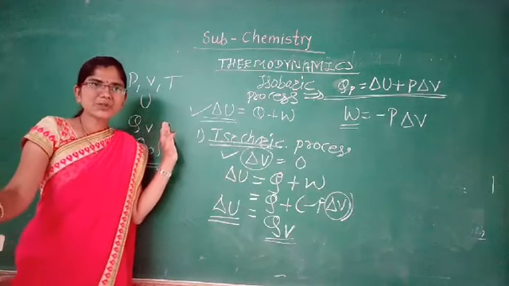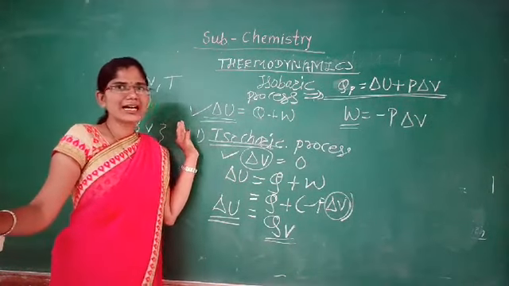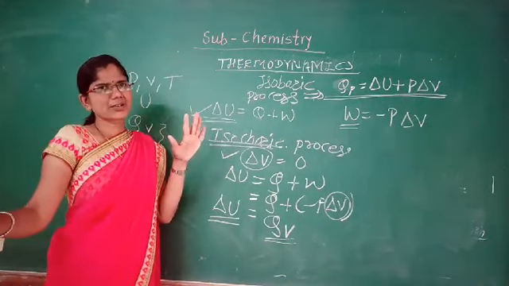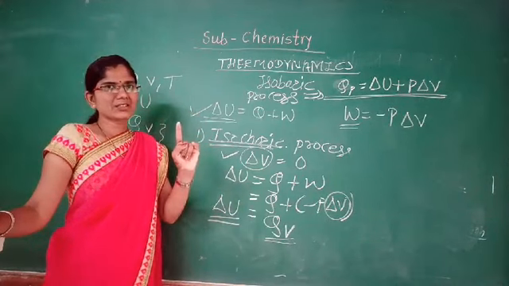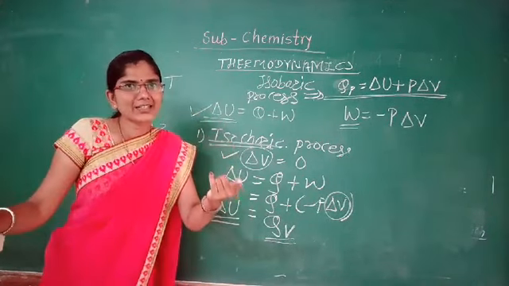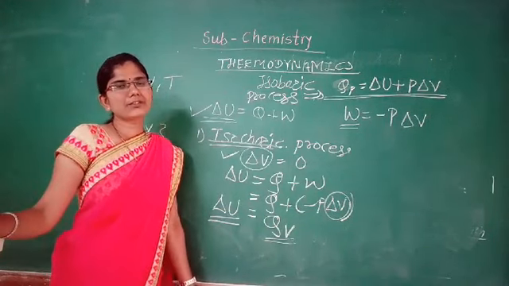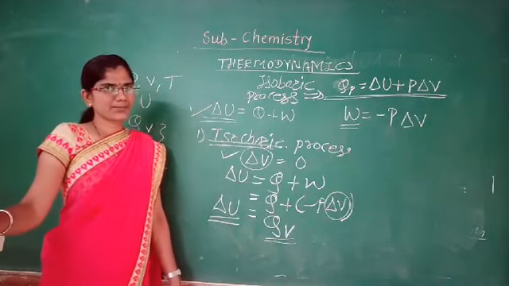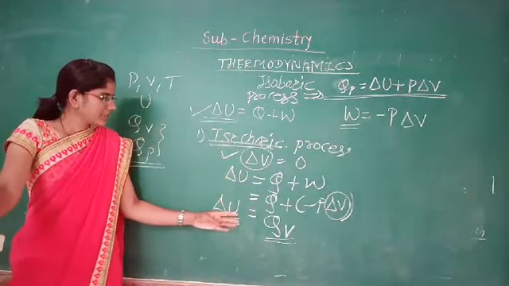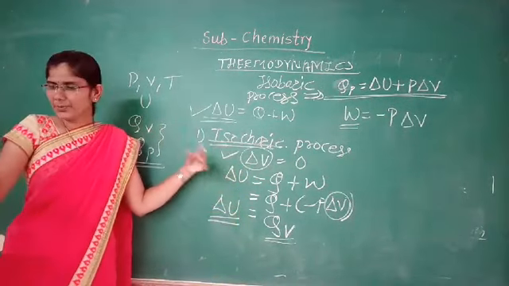Means their values depend on the initial and the final state of the system and do not depend on how they reached that final state, that is, on the path followed by that system. This is the first law for the isochoric process.